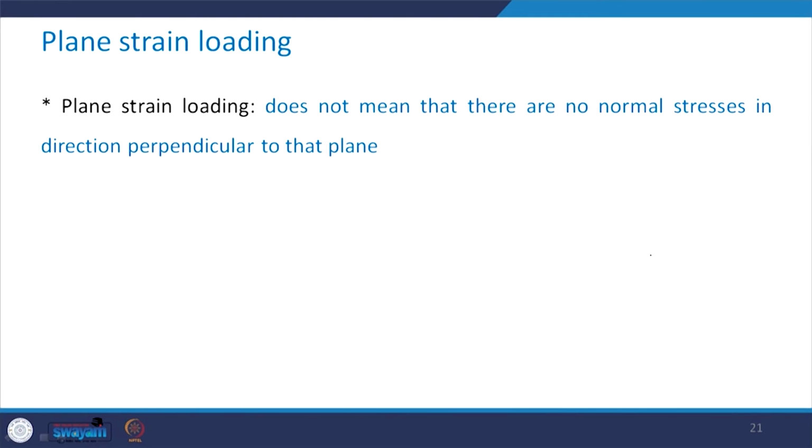Now, what will happen to the normal stress which is perpendicular to the plane? You see that plane strain loading does not mean that there are no normal stresses in the direction perpendicular to that plane. In this case we have taken the xy plane, so perpendicular to that plane is the z axis.